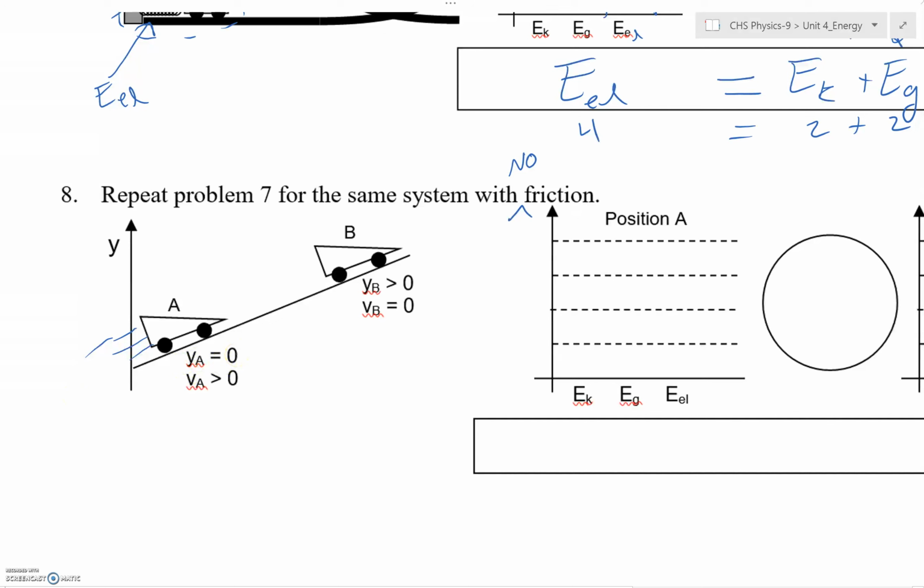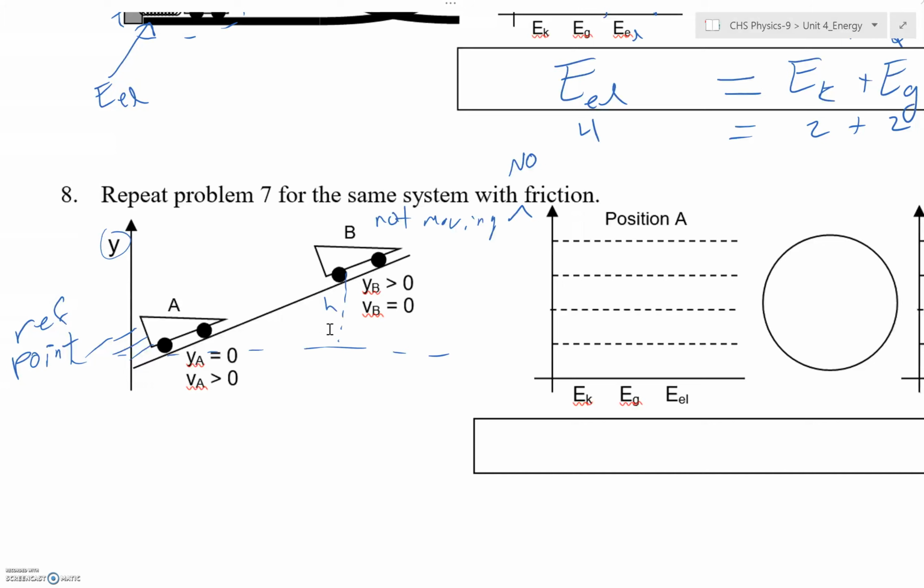YA equals 0, that's just saying that we're starting at a reference point. In the end, velocity equals 0, so it's not moving. And YB is greater than 0 just says that your position on the y-axis is above the ground. So go ahead and pause the video, draw your LOL diagram, maybe sketch this drawing right here, and see if you can do this one on your own. I will show you how to do this in just a moment.